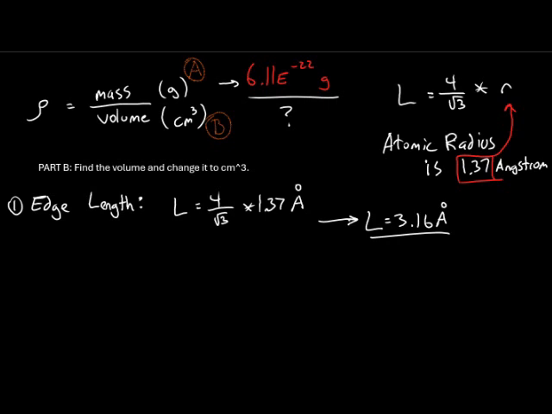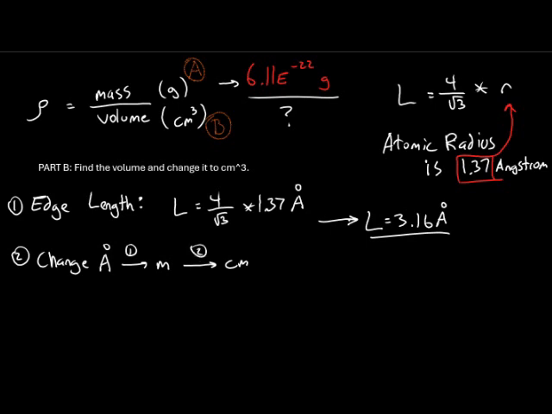However, that edge length is in the wrong units. We will need to change the edge length to centimeters in order to get it into the proper units to where we can find the volume. So we'll change the angstroms first to meters and then change from meters to centimeters, and so we have another two-step conversion.